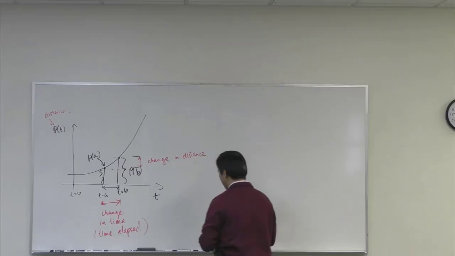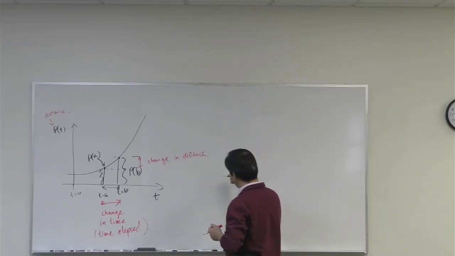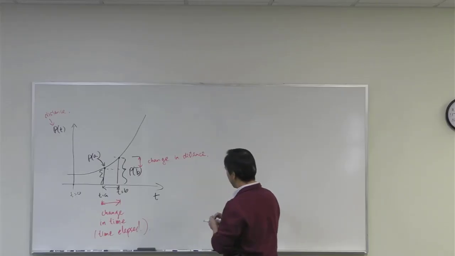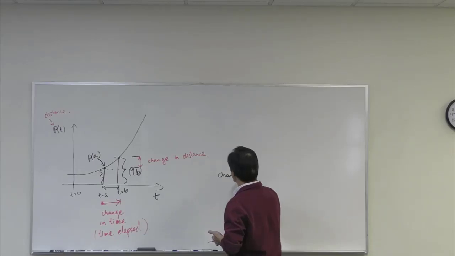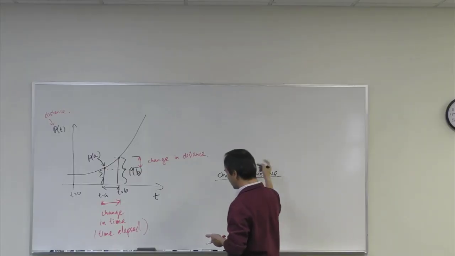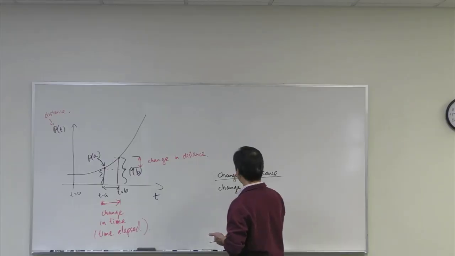I just want to bring in some daily application that you guys see. So again, as a rate of change, we put the change in distance, meaning how much distance you have gained, over the change in time as a ratio.